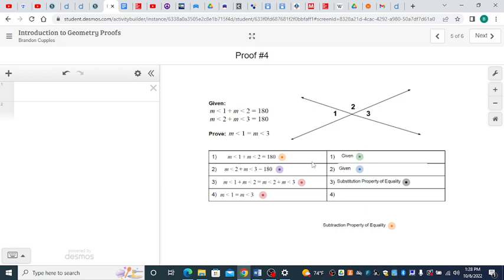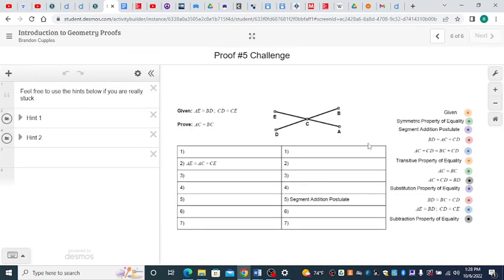Every step after the given is going to have a reason that relates it to the previous step. So what did we do to go from here to here is what we put down here. And since we subtracted angle 2 from both sides, I'm going to put in the subtraction property of equality there.